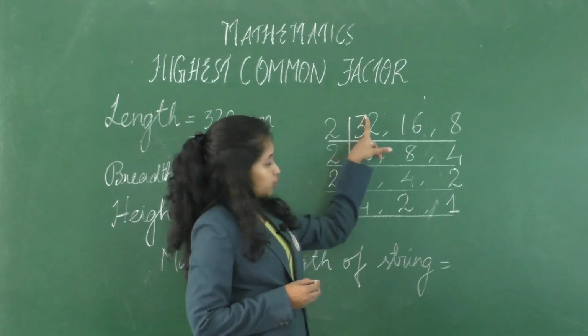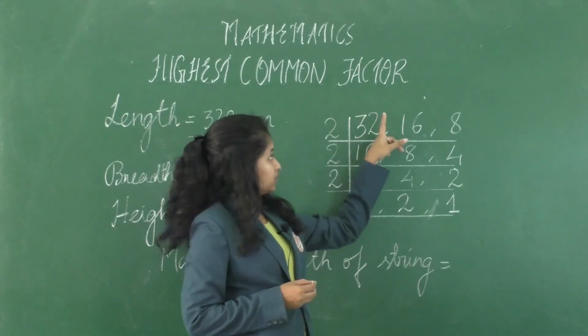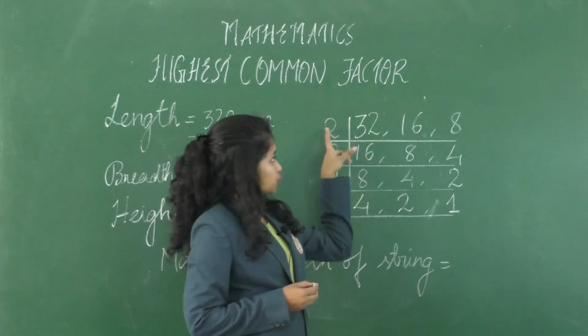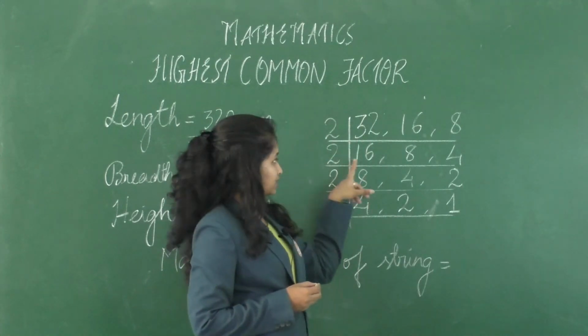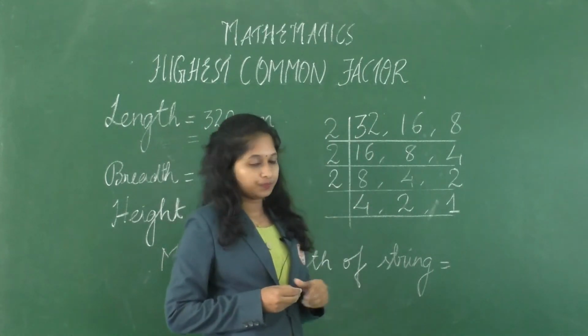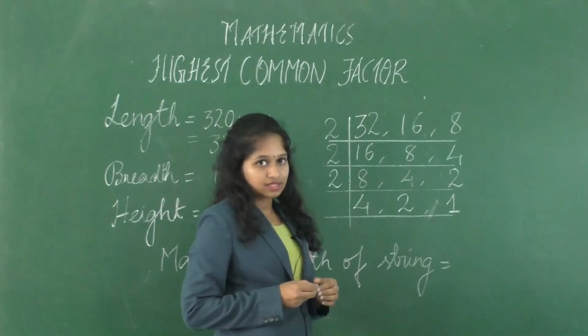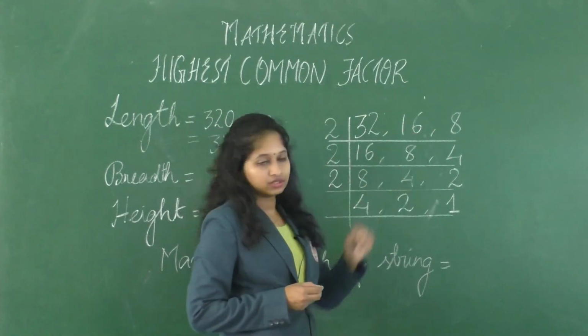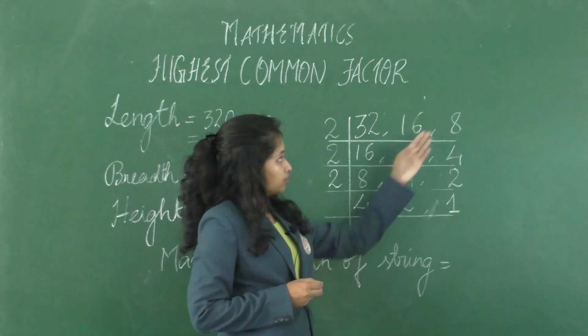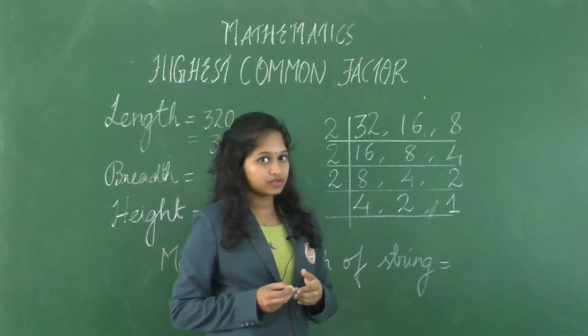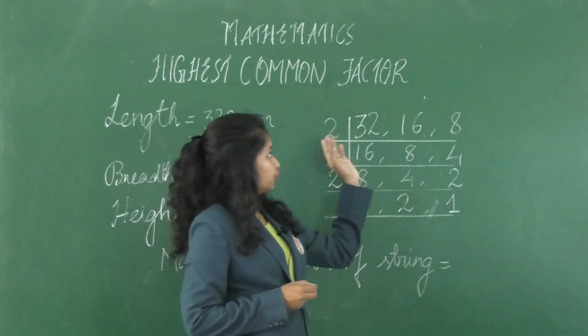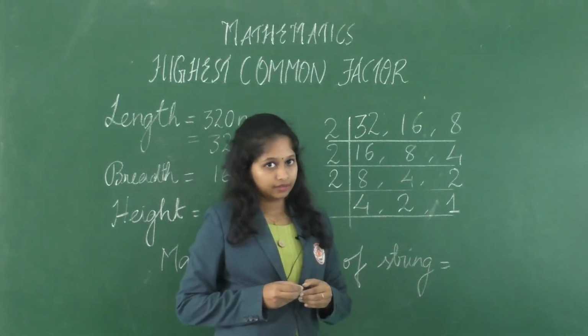So 2 times 16 is 32, 2 times 8 is 16, and 8 divided by 2 is 4, since 4 times 2 is 8.